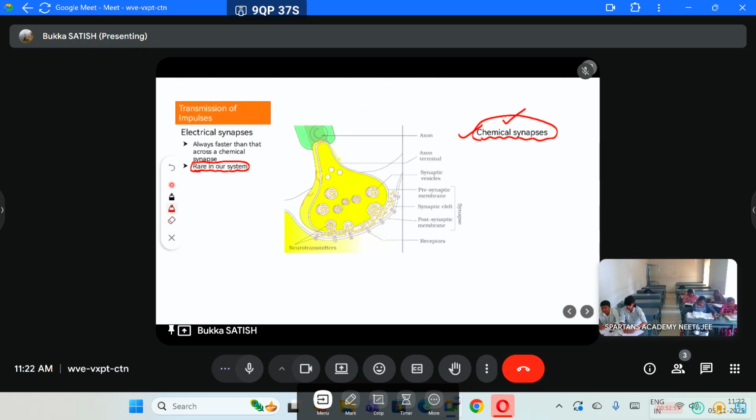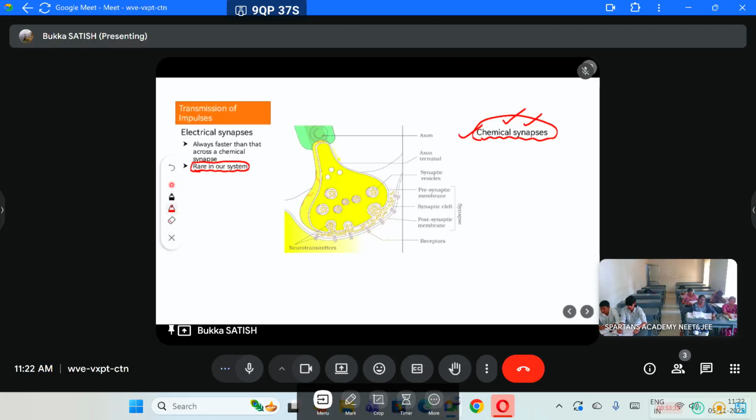In the biological system, most of the synapses are chemical synapses. Why? What is the advantage of chemical synapse over electric synapse? Must see, now I have already given the answer. Problem is we are not able to correlate it. Okay, what is the advantage?